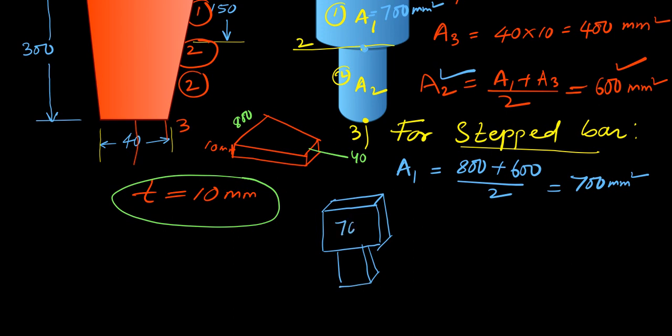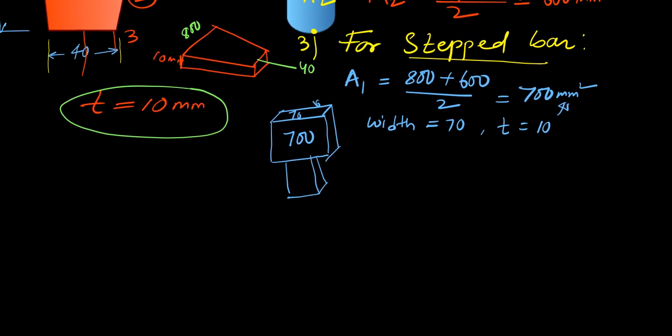It means this width is 70 and thickness is 10. Okay, so here width is 70 and of course the thickness will be 10 mm. So 7 into 10, it becomes 700. Okay, but in the model it's looking like a circular cross section. That we have to note very carefully.